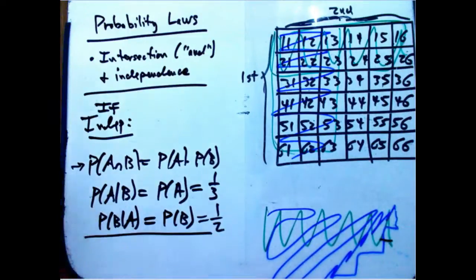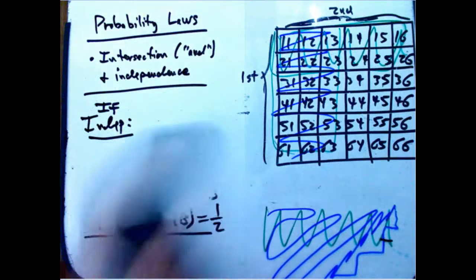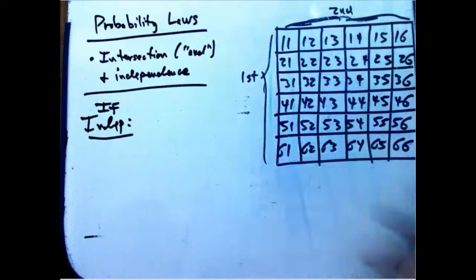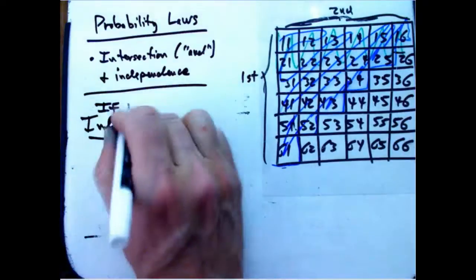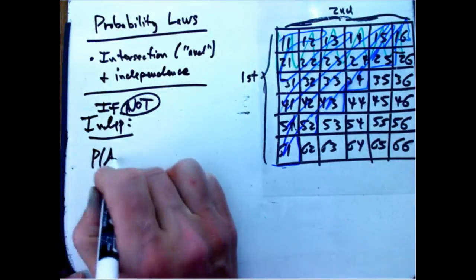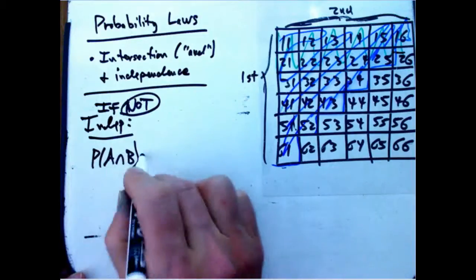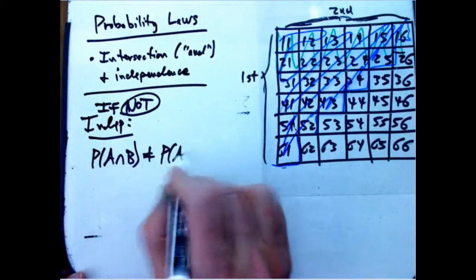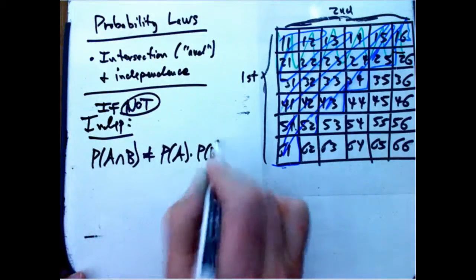If not independent, and that's this picture, then the probability of A and B both happening will never be this product. It's by definition.